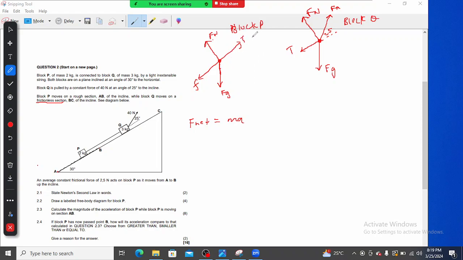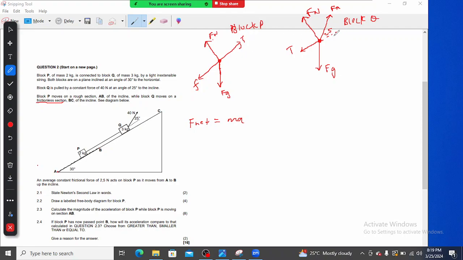We have the tension here on the P block, and we also have the tension on the Q block. And you also have to note that this tension is facing in the opposite direction. That is very, very important. Any question here? No. Right. So that's the first step.